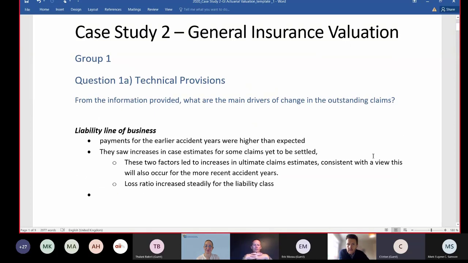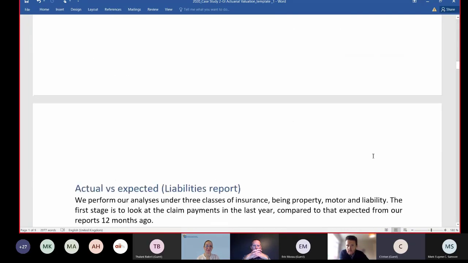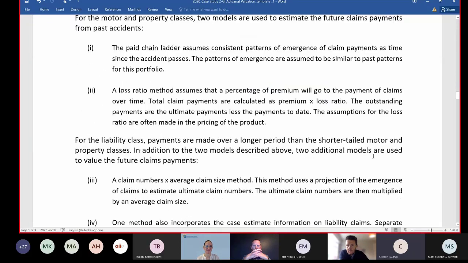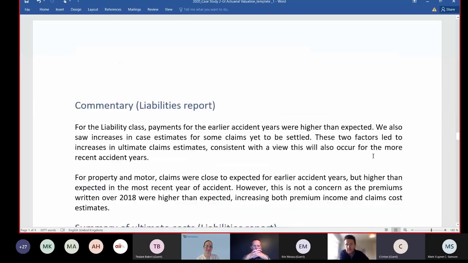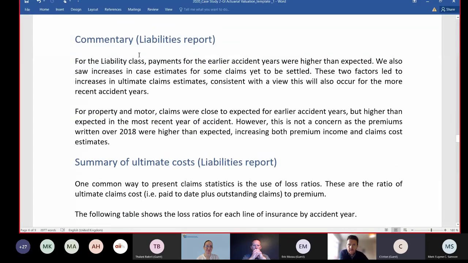The other is that they saw an increase in case estimates for some claims yet to be settled. So when you look at the commentary that they actually made about the liability class, it said that for the liability class, payments for the earlier accident years were higher than expected. And then they also saw increases in case estimates for some claims yet to be settled.